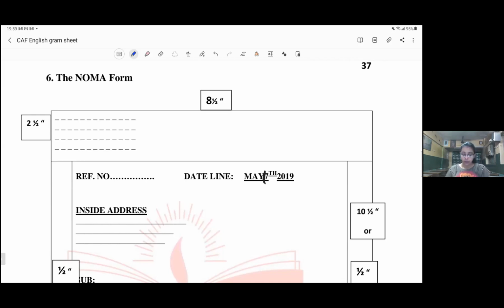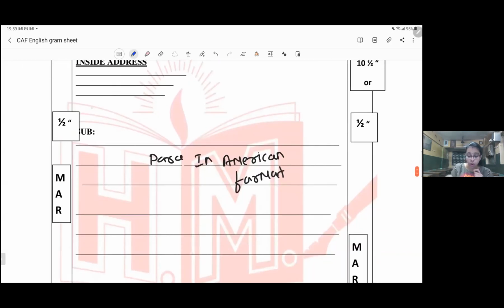Now, in this, there is just a bit of difference. Reference number and date line are on the same line. Next difference is there is no salutation.